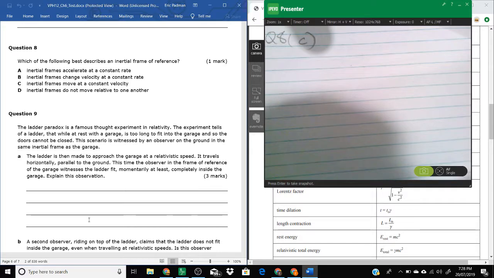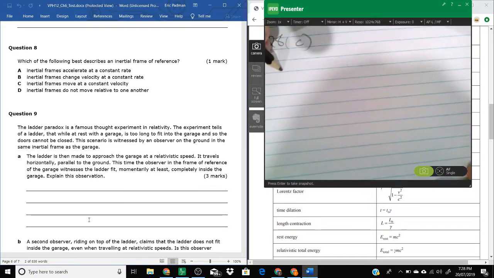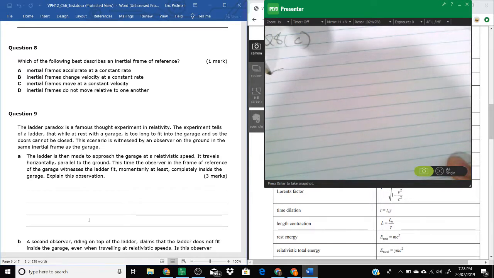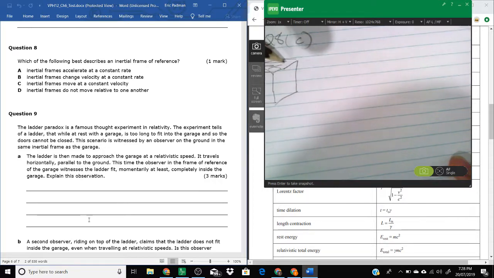It travels horizontally. All right, so let's just draw this. Okay, so we've got a garage door, and this is the garage in here, with a roof and whatnot. We're going to try to get something into this garage.